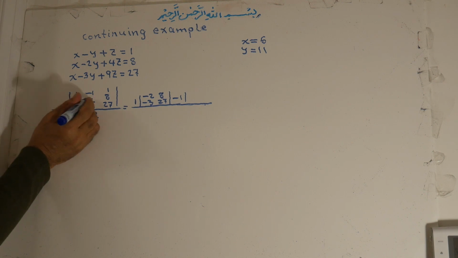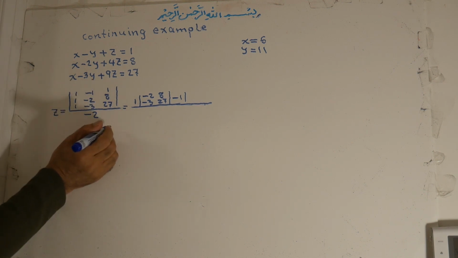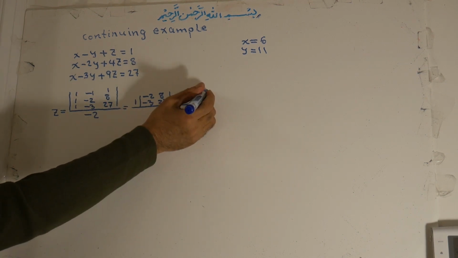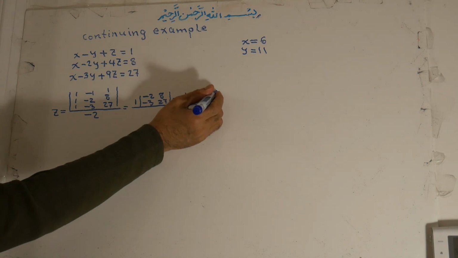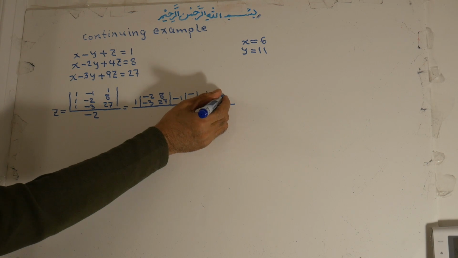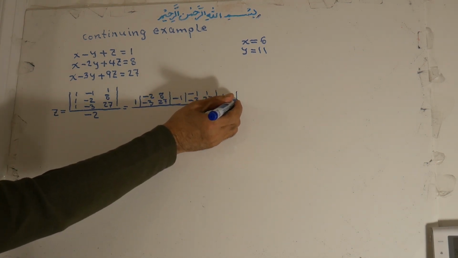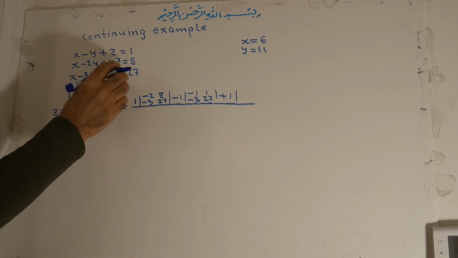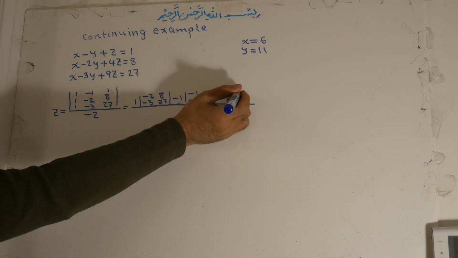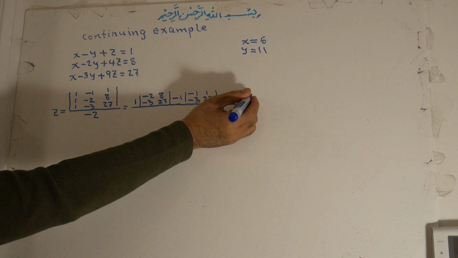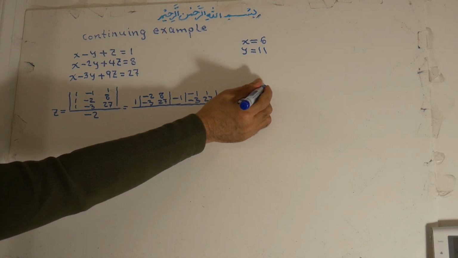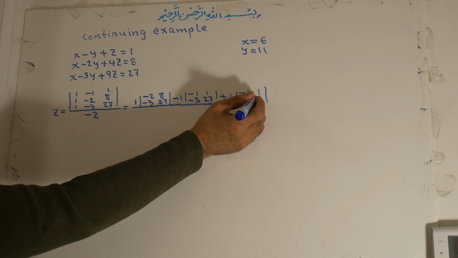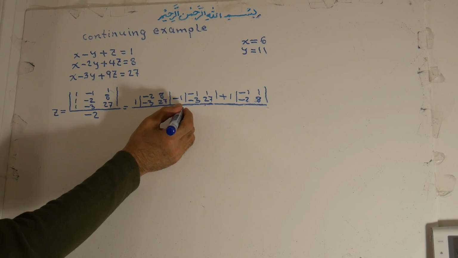Now we cross here and this, remaining minus 1, minus 3, and 1 and 27. Plus this one, 1, and we cross like this and this, here remaining this part. Minus 1, minus 2, and 1 and 8. And the denominator is minus 2.